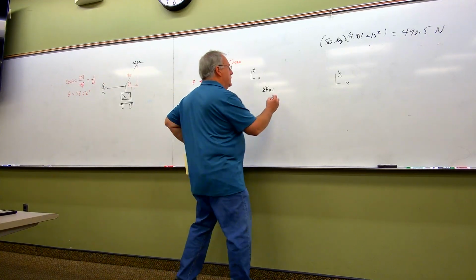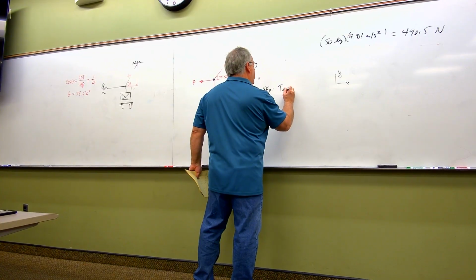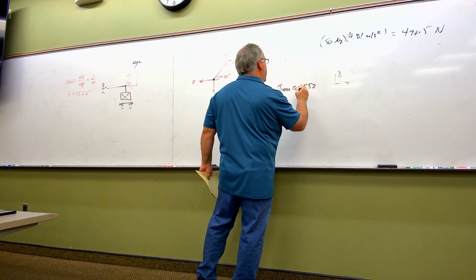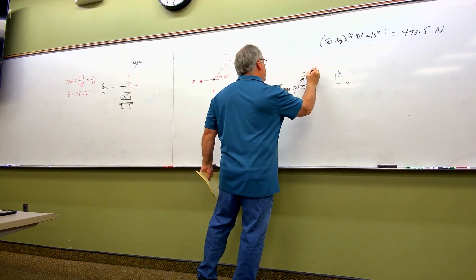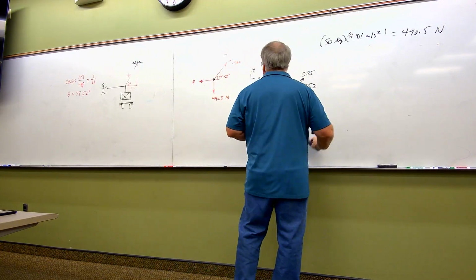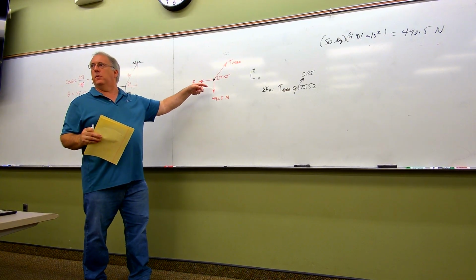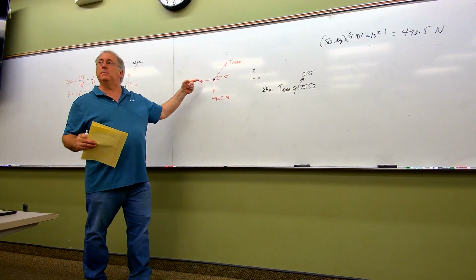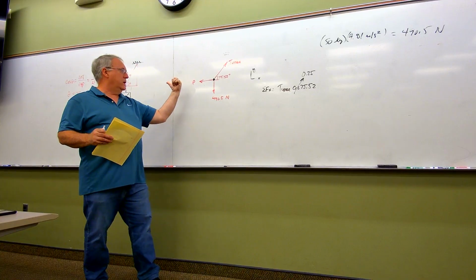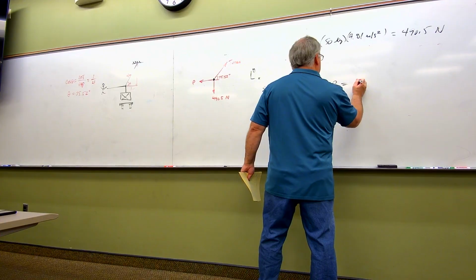So T upper times cosine of 75.52, which is 0.25 or 1/4. The 490.5 is purely Y force, so that's not going to show up in that equation. But P is a purely X directional force going in the negative X direction, so minus P, and that's equal to 0.